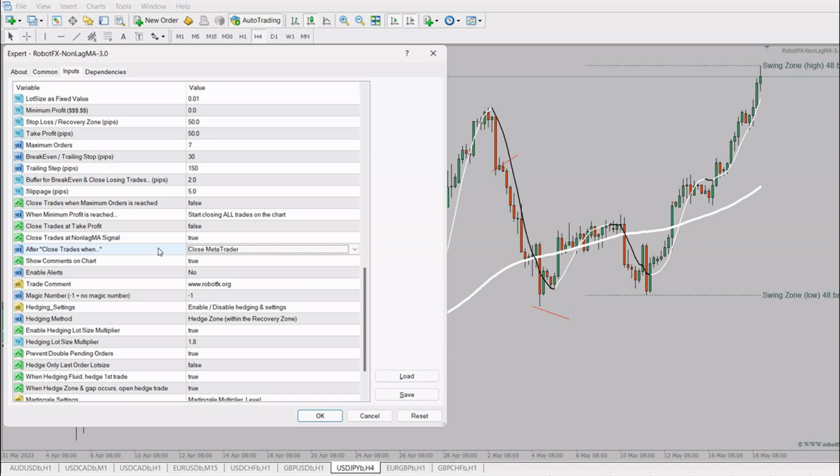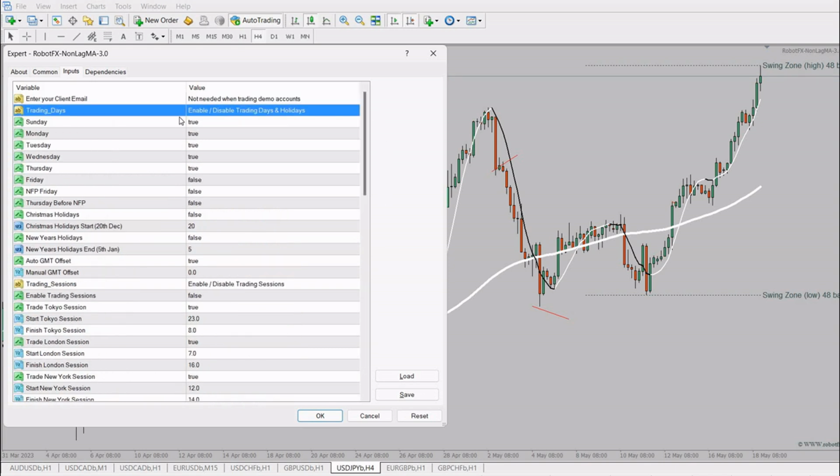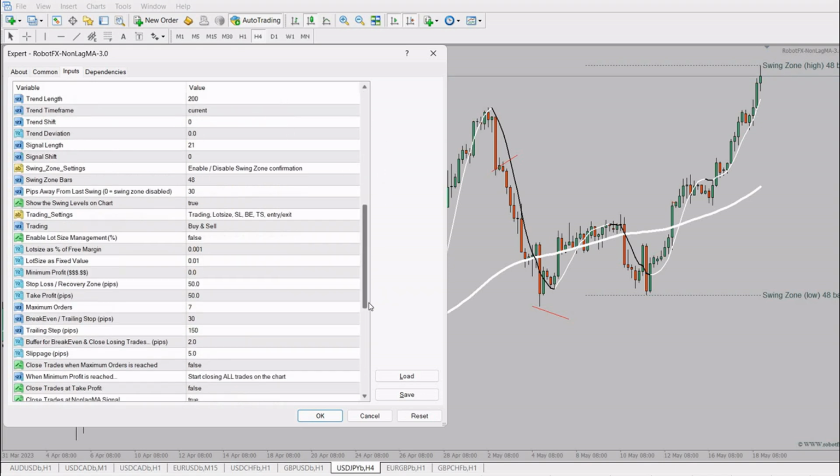Or you can also close the MetaTrader completely. Maybe you are trading only on one chart. I don't know, it depends on your trading preferences. Or just continue trading if you want to leave it on 24/7, 24/5 or 6, depending on how many trading days you have chosen in the trading days filter above.